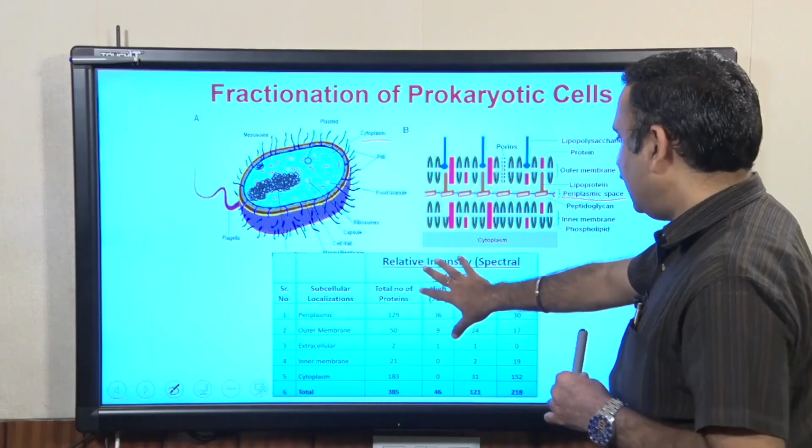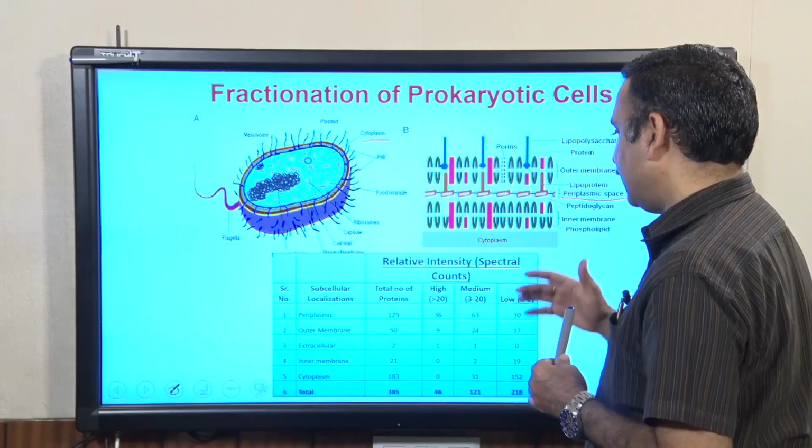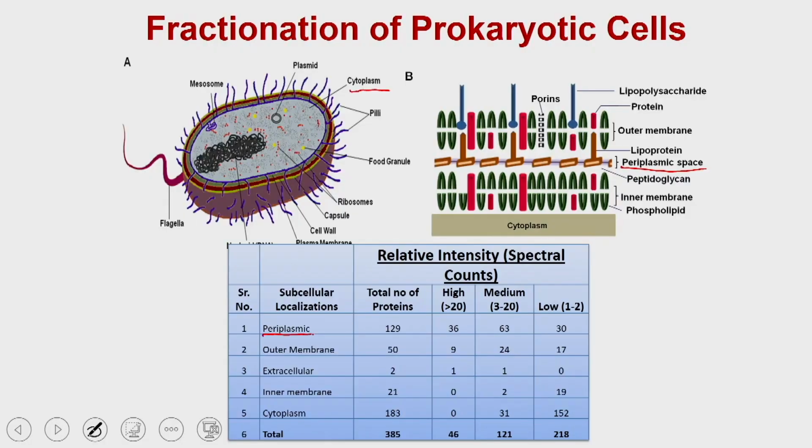Now, you can see the relative distribution of the proteins in the different subcellular structures. In the periplasmic space you have 129 proteins, whereas for the proteins present in the membranes, you have 50 in the outer membrane and 21 in the inner membrane.